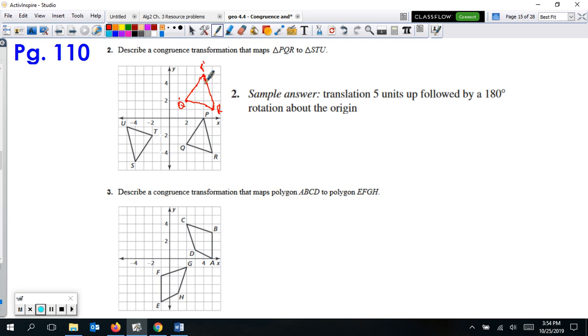That's now just going to be -4, -5. So if I go -4, -5, now I'm down to S right there. And that's the point that coincides, because the first one is P and the first one's S there. Those are corresponding points on the figures. So if I marked it off to U, that's not going to work, because P and U don't correspond in our congruent statement here. So that's what's happening here.